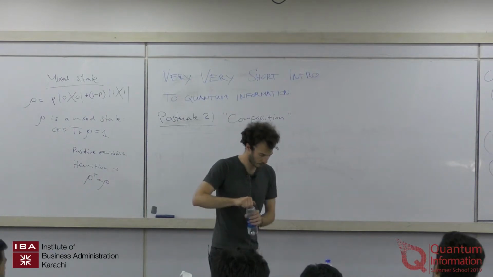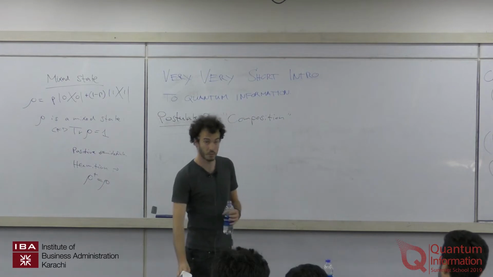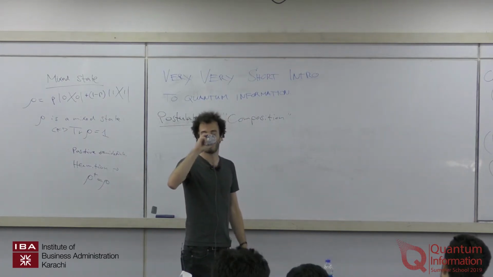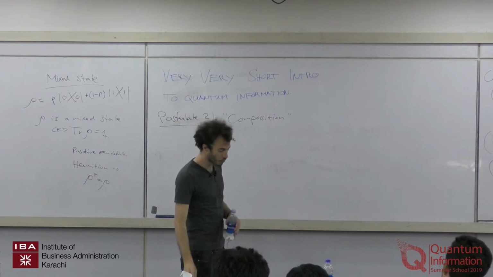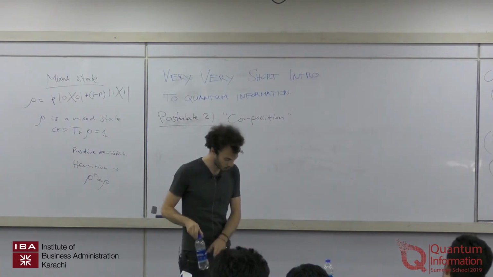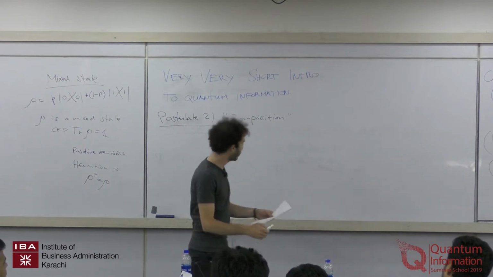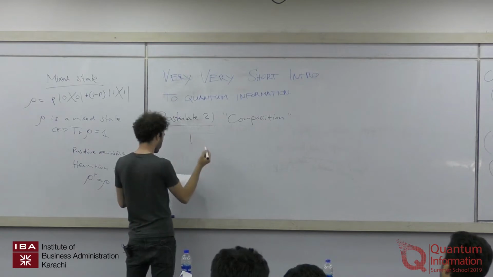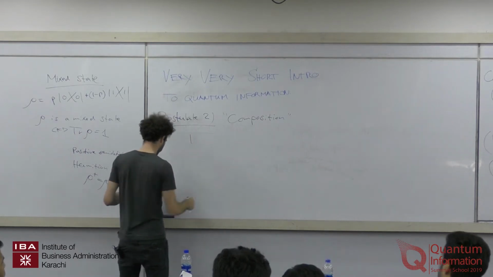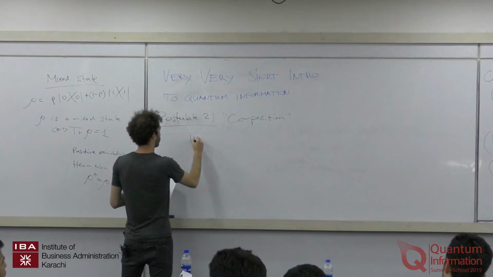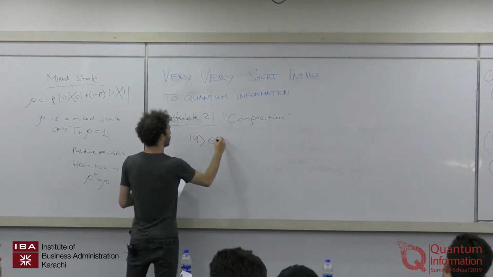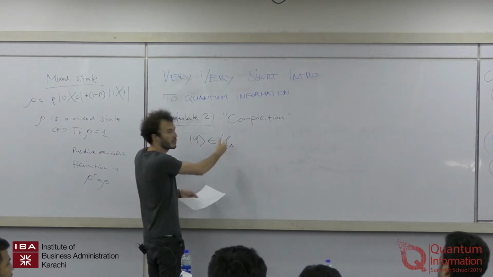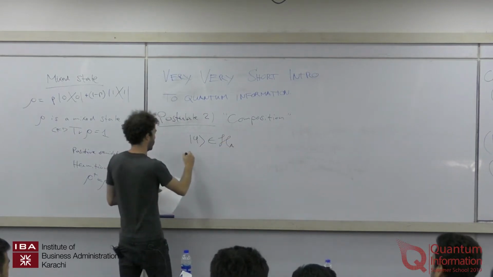So if you now have two systems and we want to describe both systems in one expression, we use the tensor product or the Kronecker product. And they will live in the tensor product of the Hilbert spaces. So let's say we have just one pure state, for simplicity, in some Hilbert space A. Let's call this system A. And this Hilbert space has some dimension, but I don't specify.